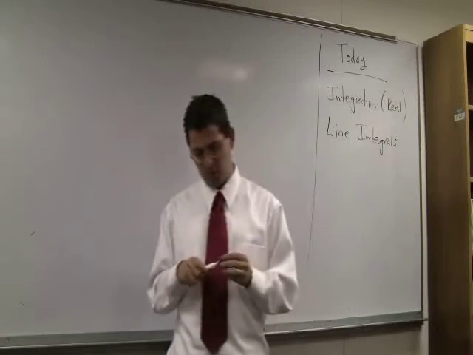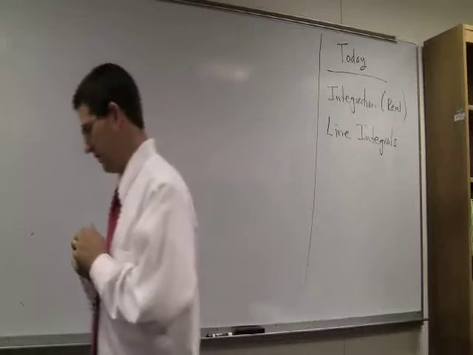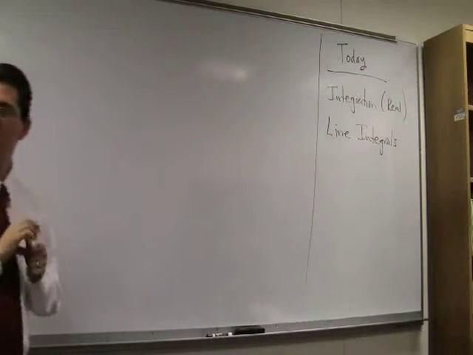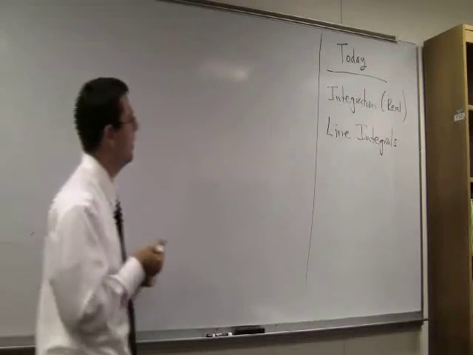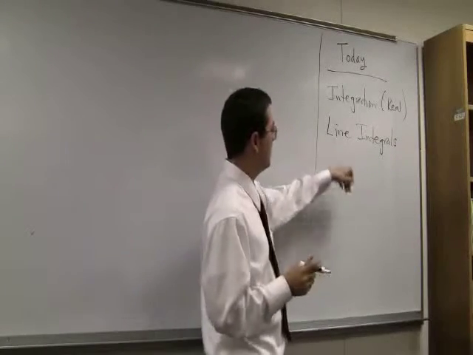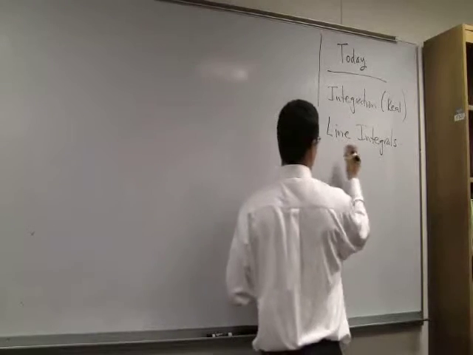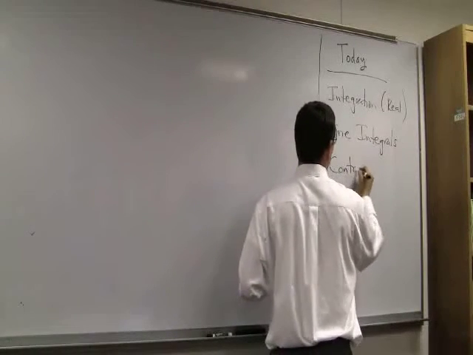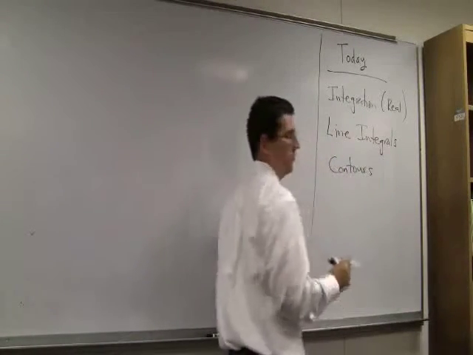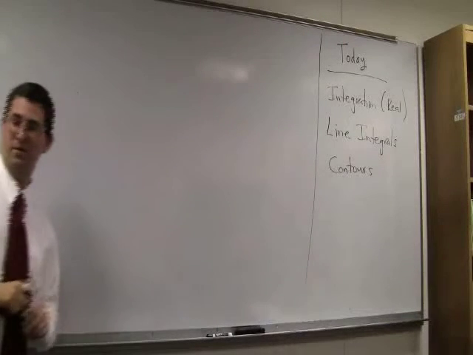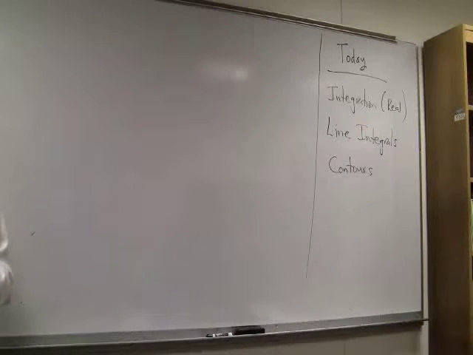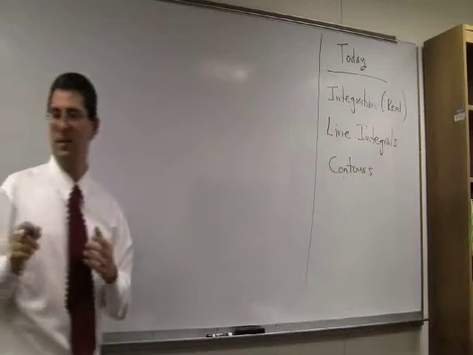But I've been toying with the idea of actually starting with line integrals instead. I haven't decided yet what we'll do. And then I think this will probably be sufficient, but the next thing that we're going to have to talk about before we can actually get into complex integration, things called contours, which is a nice little name, but it's something which is actually really silly, easy.